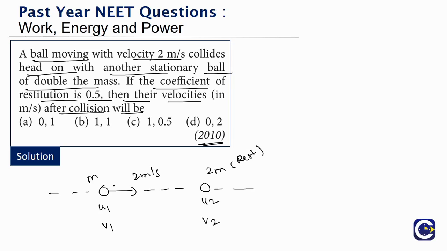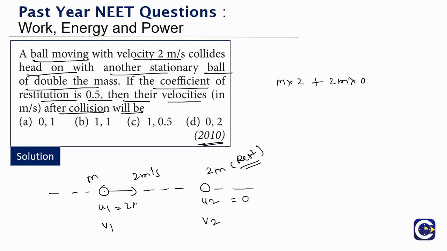Which means the momentum of this ball m will be m into 2 initially. Momentum of the 2m will be 2m into 0. Why? Because it's at rest, means u2 value is 0.